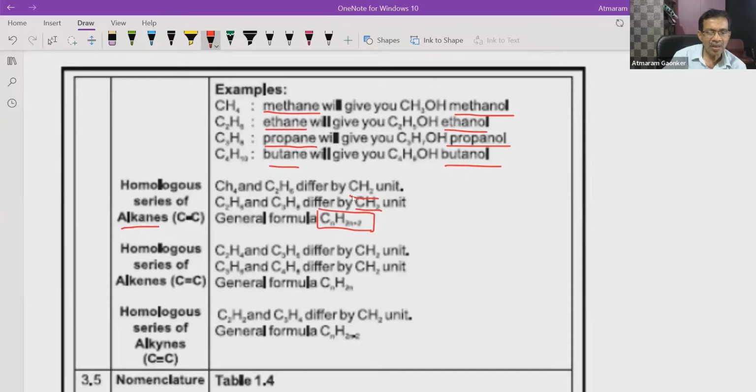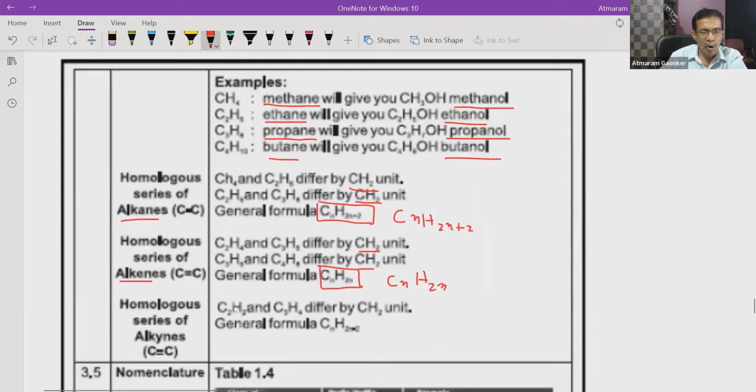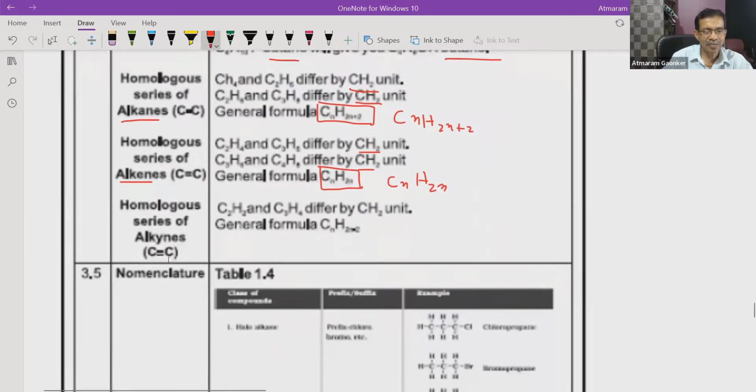So you see the same difference is there. Now if you take alkene, the difference is again CH2, and the general formula is CnH2n. It is CnH2n, while alkane is CnH2n+2. Then the homologous series of alkyne. Again, the difference is CH2 and the general formula is CnH2n-2.